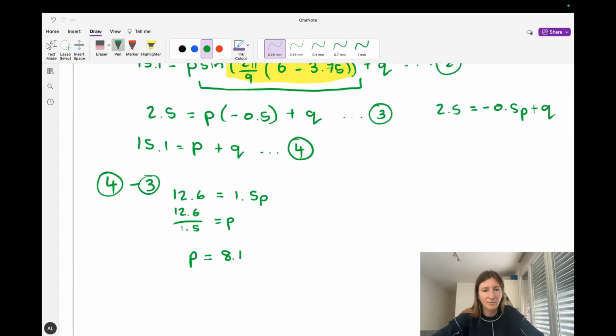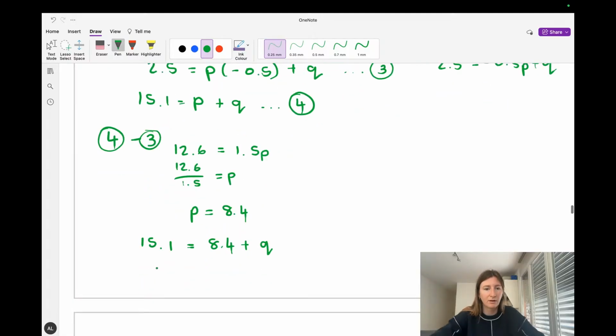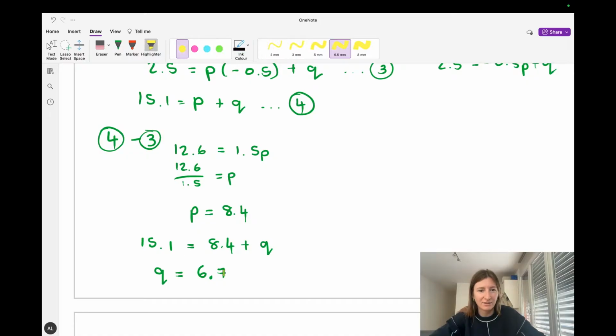Okay, P is 8.4. And to find Q, I just have to do 15.1 equals 8.4 plus Q. You're not even going to believe it. Q is 6.7. Love that for us.